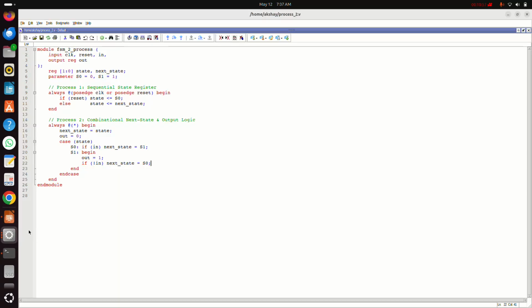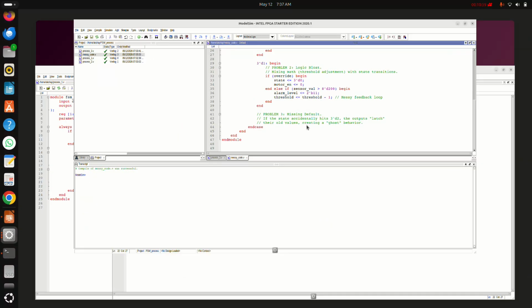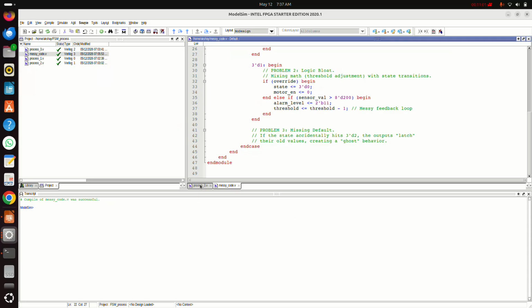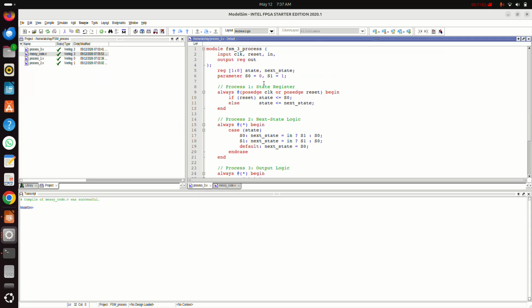So here is the example code of the three-process FSM. Here we can see process 1, which is the sequential block, where we define our state transition, when the state will be the next state.